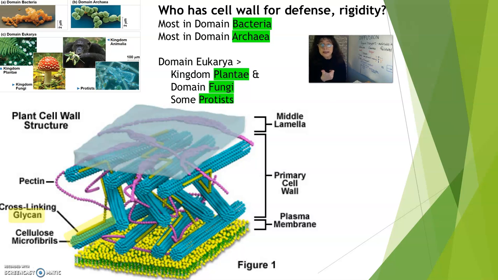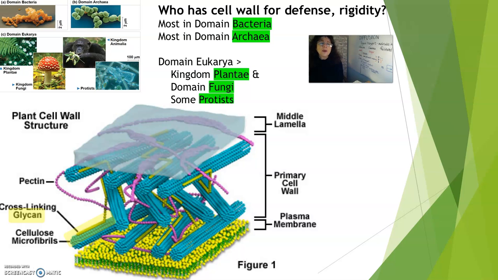Most in bacteria still, most in archaea still, and in the domain eukarya, the two kingdoms, I should correct that slide, the kingdom plantae and the kingdom fungi still have cell walls, and some protists, which we don't know what kingdom they're in, also have cell walls as well.